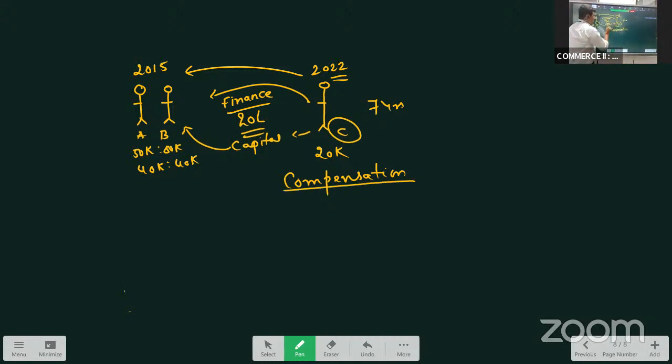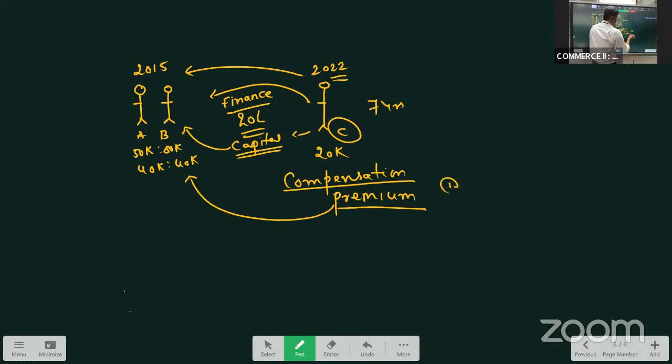That is, C along with capital has to pay some extra amount which is called a premium. This premium is paid for A and B for their hard work what they were doing when C was not there in the firm. Right? So remember, in case of admission, when a new partner is admitted, he will introduce two things.